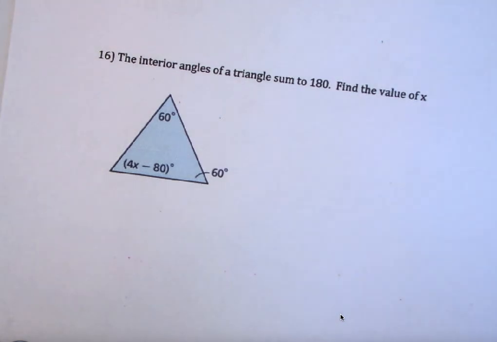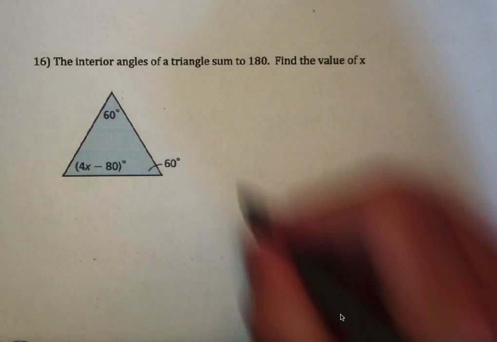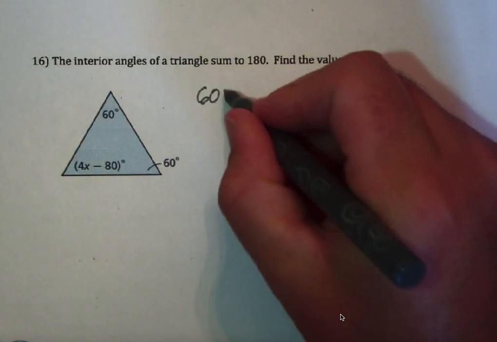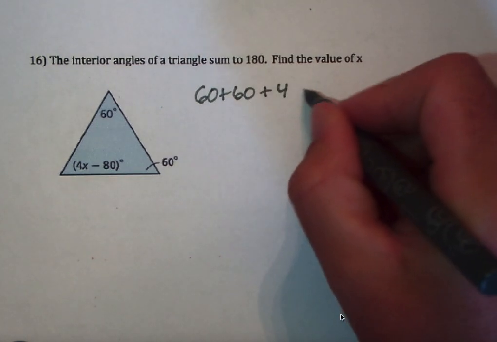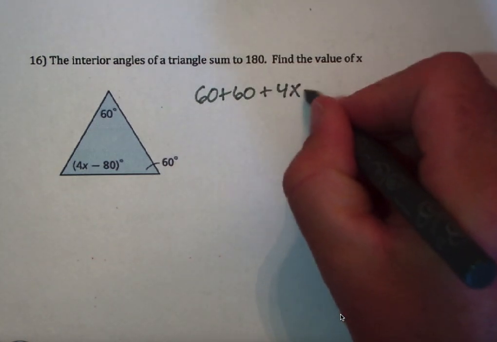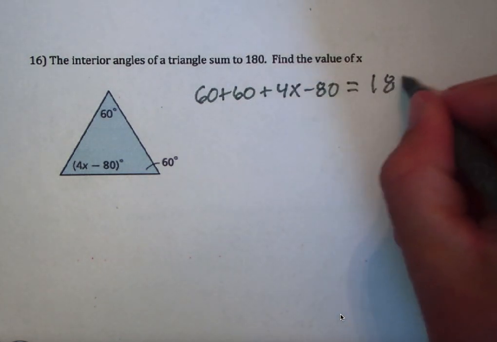Sweet. All right, and the last one, and the extra credit I'll show how to do too. The interior angles of a triangle sum to 180. Find the value of x. That means these three angles add up to 180, so I'm going to write myself an equation. 60 plus 60 plus 4x minus 80 equals 180.